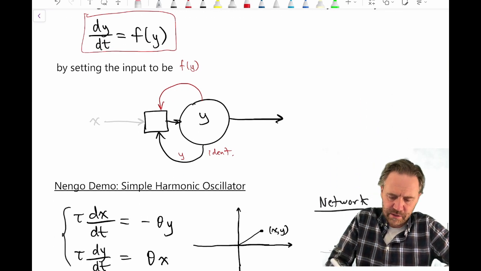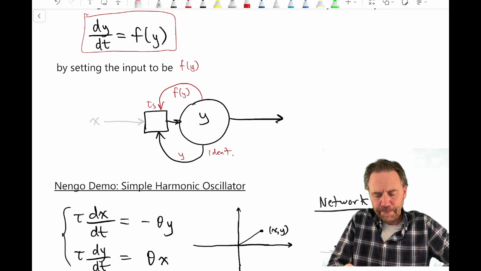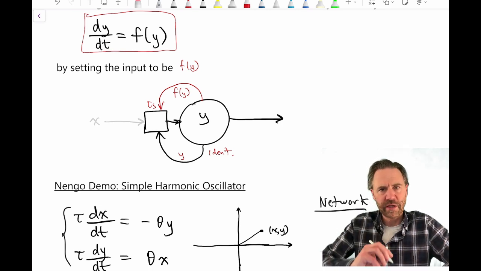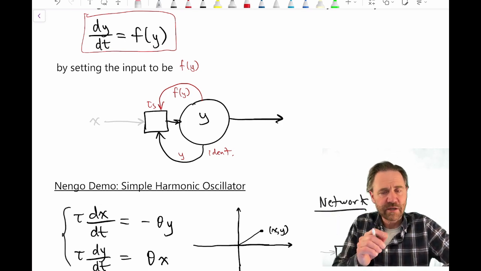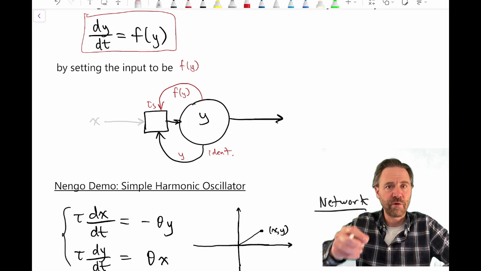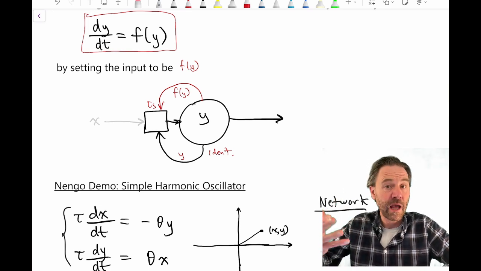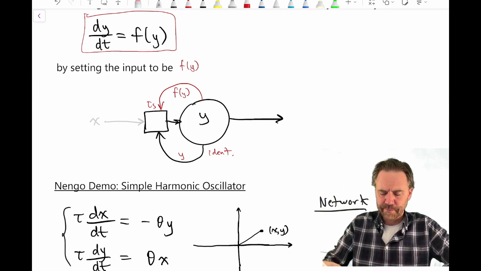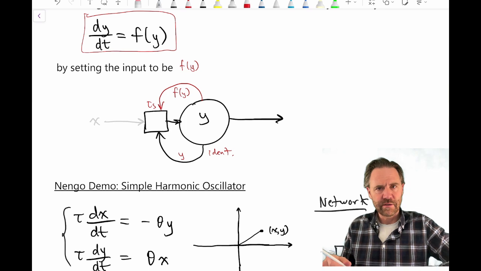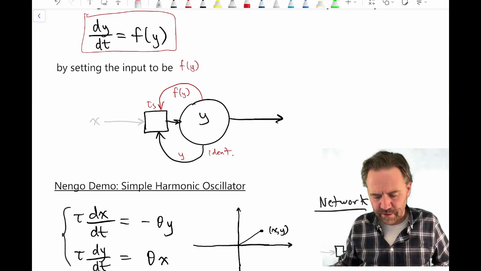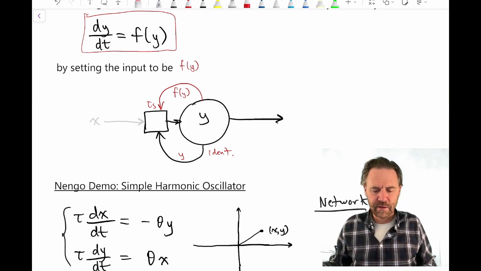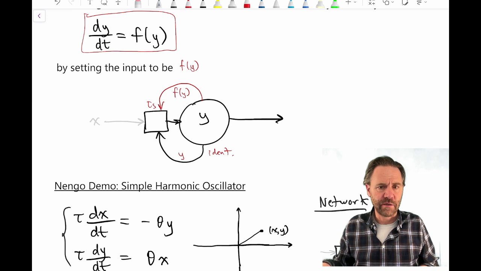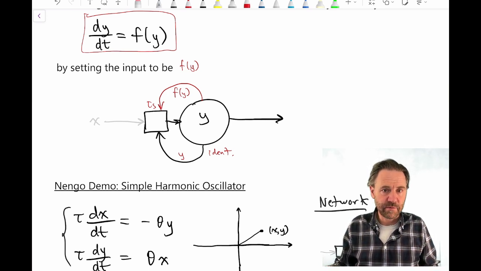Here we are re-injecting f of y. We just multiply by tau s, because that recurrent connection is not the identity re-injection. This is the part that we actually want to integrate as part of the dynamics. And so that differential equation, that little neural network, recurrent population, will implement dy by dt equals f of y.